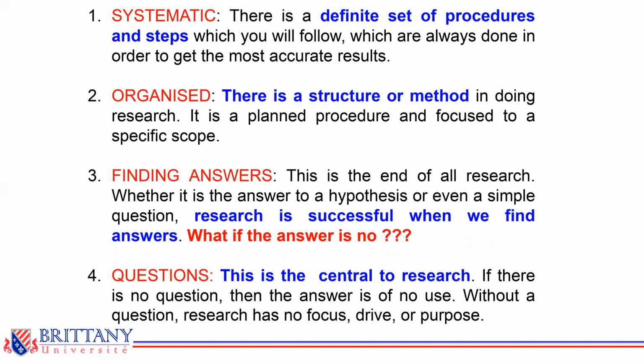So a research has to be very systematic. It has to be organized. It has to be systematic in finding answers. And the question you raise has to be answered.